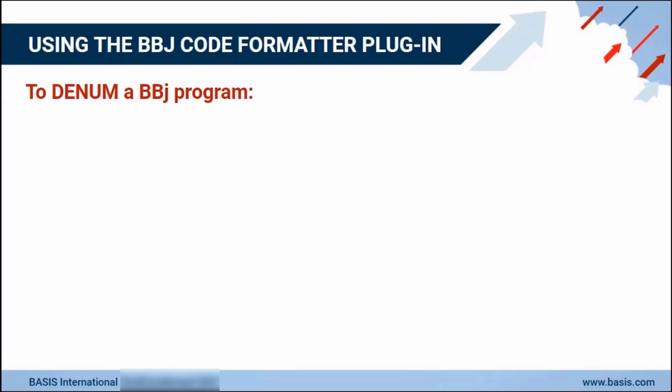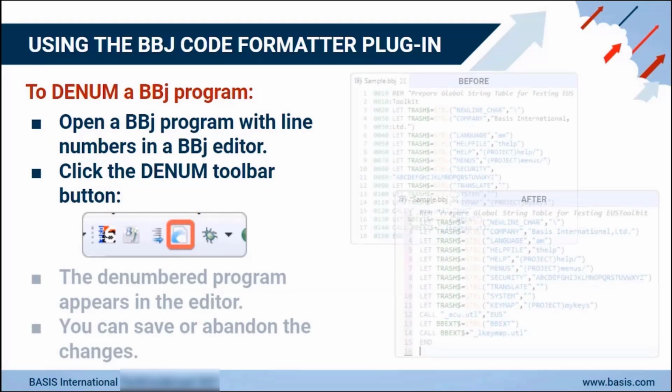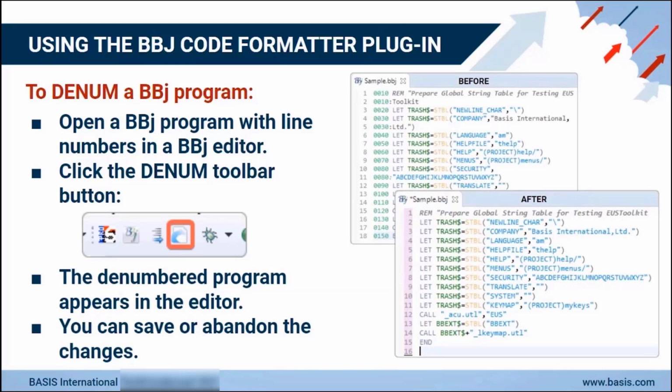So how would you actually denum a BBJ program, and what would it look like if you used the BBJ code formatter plugin? Let's look at it. First, you open a BBJ program with line numbers in a BBJ code editor, and then you click the denum toolbar button, which is the one with the red box around it there on the Eclipse toolbar, and the denumbered program will now appear in the editor.